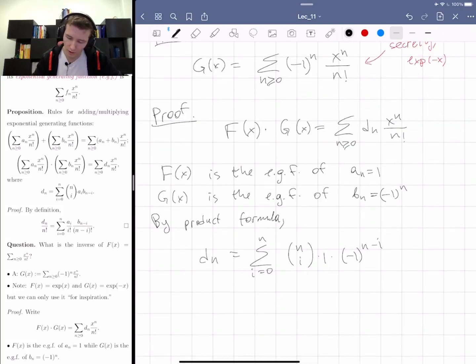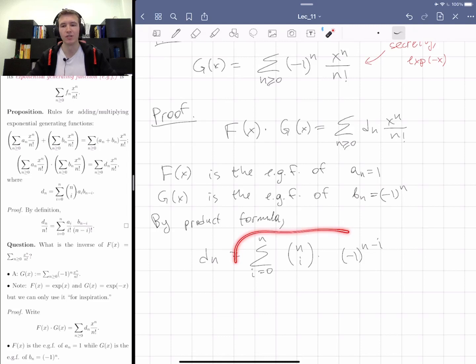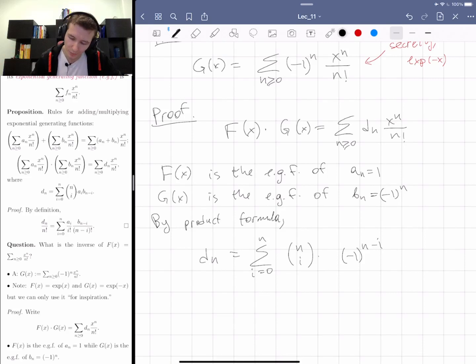Okay, so I can erase the 1. And what do I get? I get some alternating sum of binomial coefficients. What do I do now? Yeah, okay, binomial theorem, right. So we have already computed this sum in class.